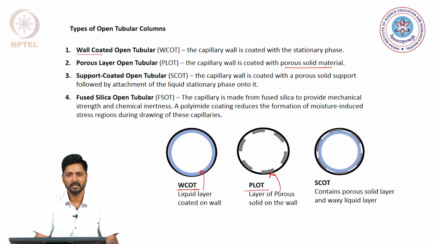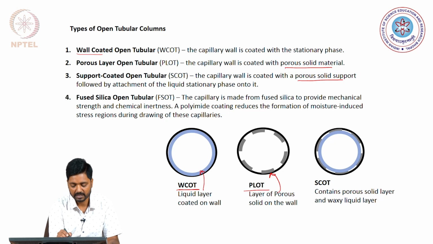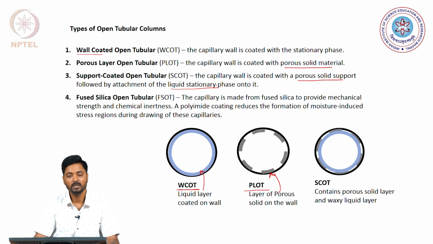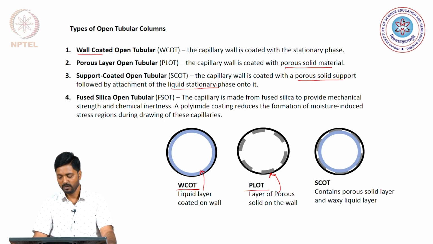An interesting interplay of these two is what is known as the support coated open tubular. Here we utilize both a porous solid support and a liquid stationary phase which is attached onto this porous solid support to create an interesting chromatography column, which is called the support coated open tubular, because the liquid stationary phase is coated on the porous solid support.